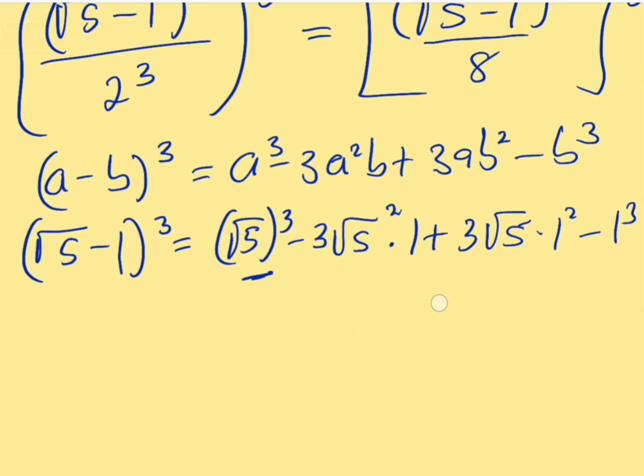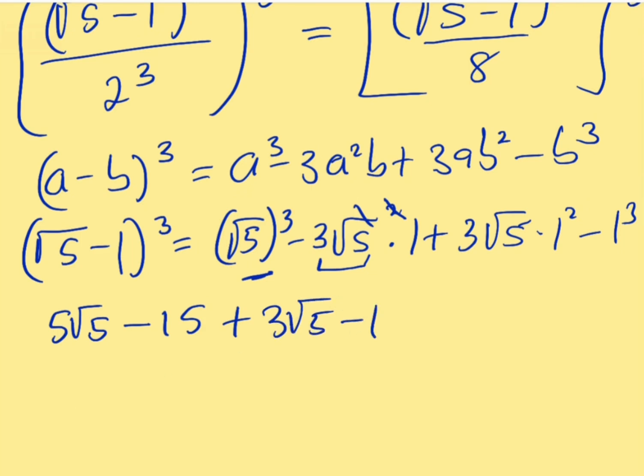So I can now write 5 root 5 minus this, we cancel out this, leaving me with 5 times 3, that is 15, plus 3 root 5, then minus 1, all over 8, everything to the power of 8.